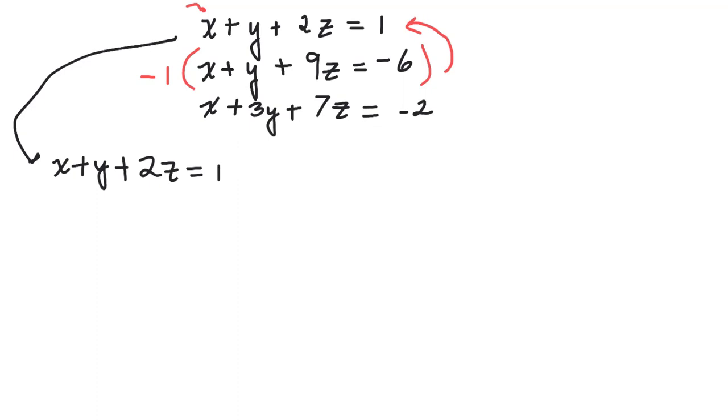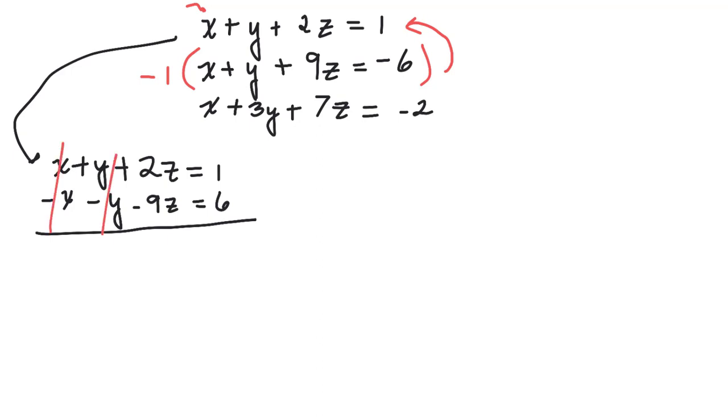Now the second equation, every single term is going to be multiplied by -1. So in other words, a positive becomes a negative, positive becomes a negative, positive becomes a negative, and then that -6 becomes a positive. Now adding these together, look how nice that was, right?